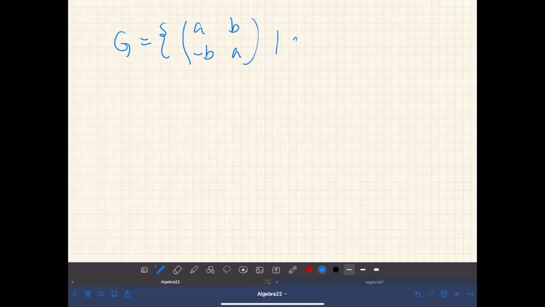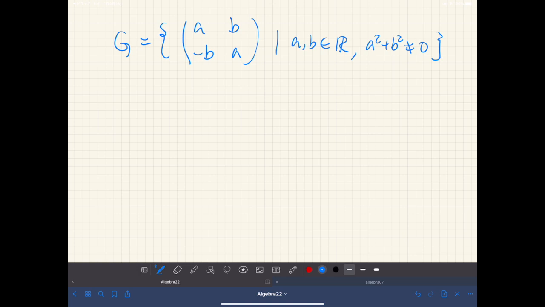Next example is made of 2 by 2 matrices. Let's define G as a matrix of this form, A, B, minus B, A, where A and B are real numbers, and A squared plus B squared is not 0.